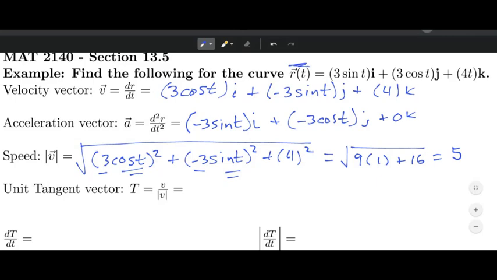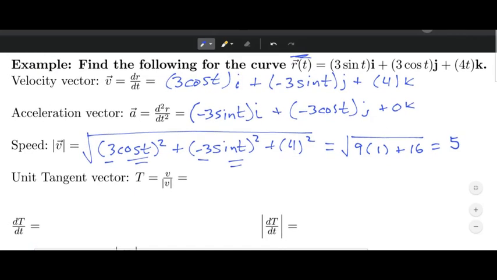So it's a constant speed: if your object was traveling on this curve, it would be moving at a constant speed of 5. Next is our unit tangent vector. We use capital T for that. Any unit vector is a vector divided by its own magnitude, so the unit tangent vector is just v divided by the magnitude of v. We already found the two things we need, so we just do the division.